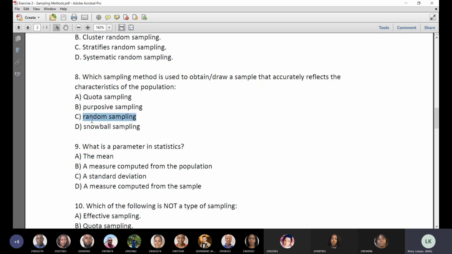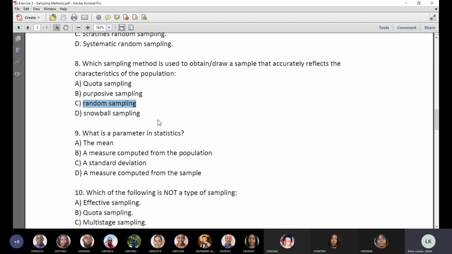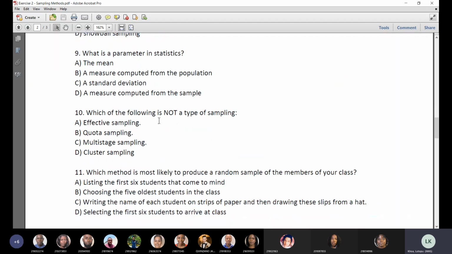So the answer here would be random sampling, because with random sampling, you know what probability any element has of being selected or not being selected, and you can make sure your sample reflects the population, unlike quota, purposive, and snowballing, not really.